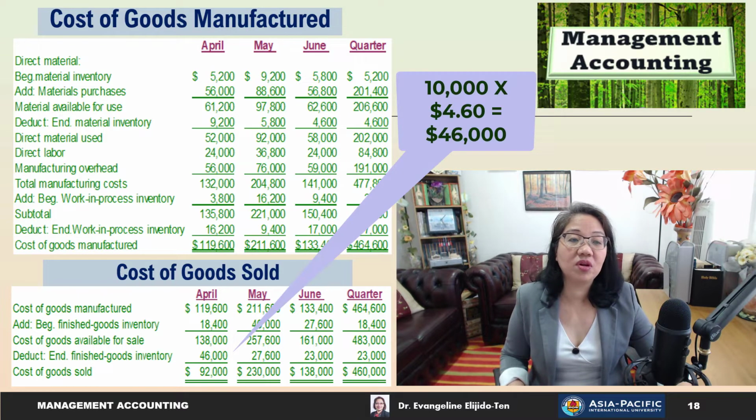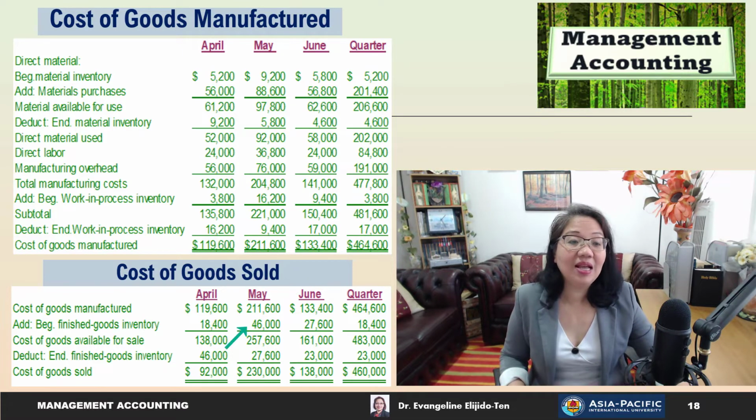The ending inventory for each month is also multiplied by $4.60 to determine the cost of the ending inventory.